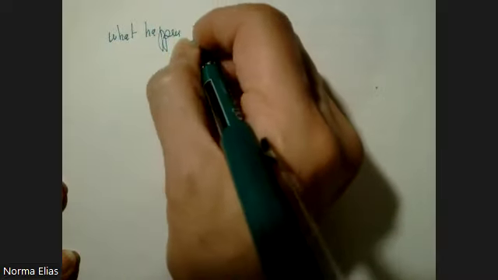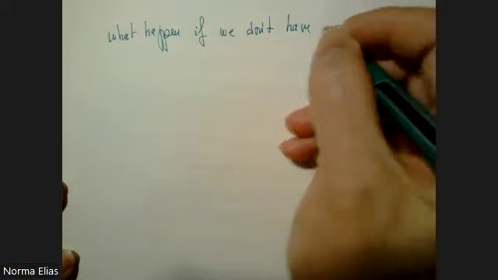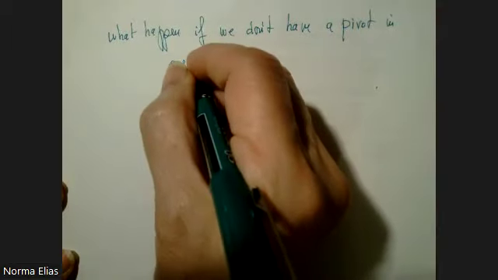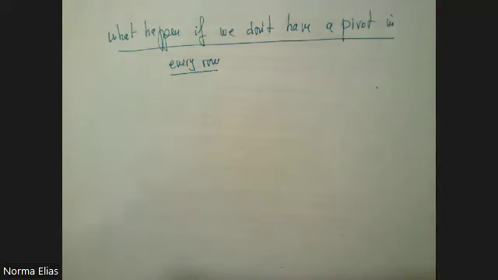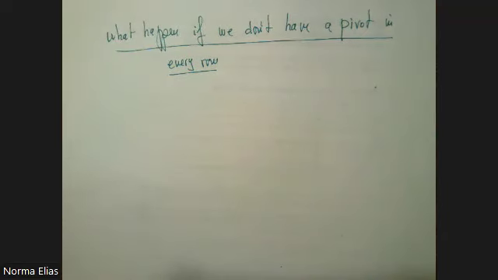If you have a pivot in every row, regardless of what B is, whatever I plug in for B, we have a solution. What happens if we don't have this luxury? So I will elaborate by an example, and then we will see what the rule is.